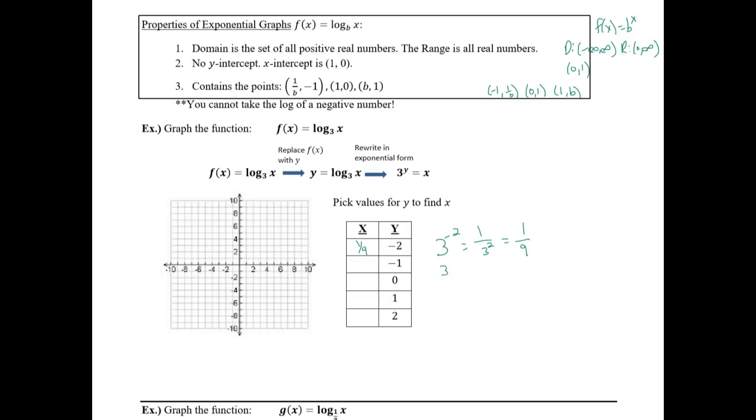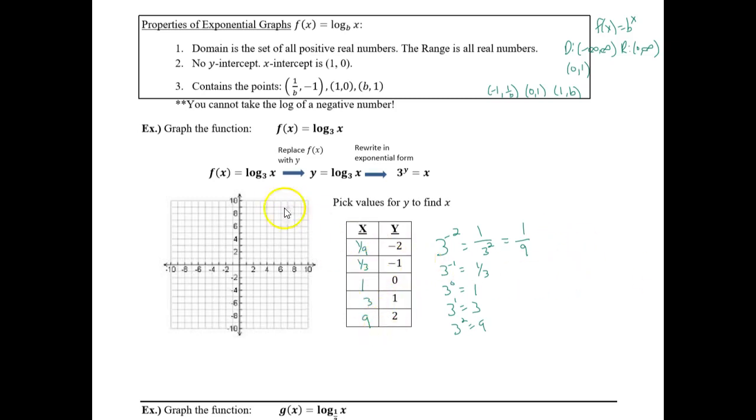Then 3 to the negative first power, again takes the reciprocal, is just 1/3. 3 to the 0 is 1. Anything to the 0 power is 1. 3 to the first power is 3. And 3 squared is 9.